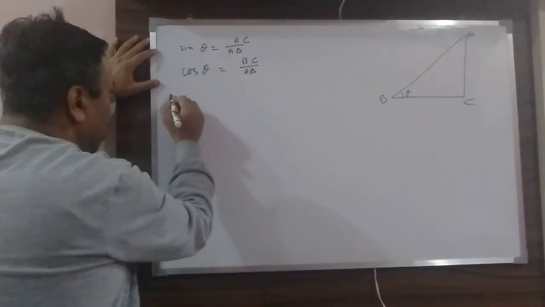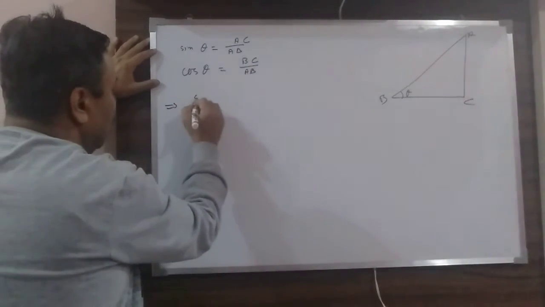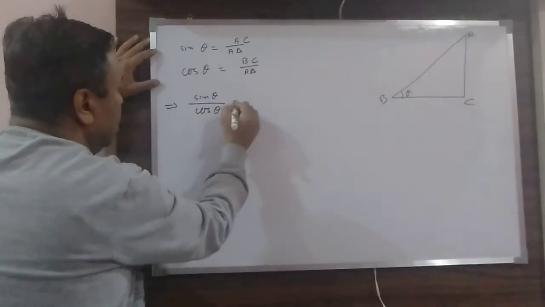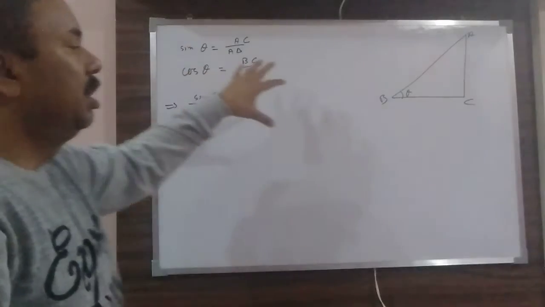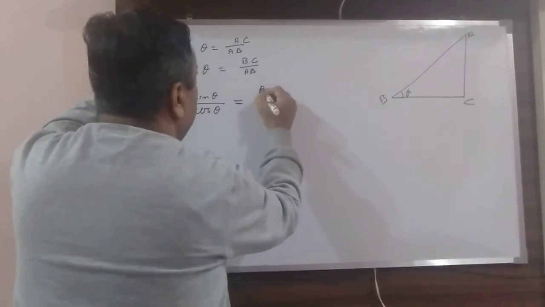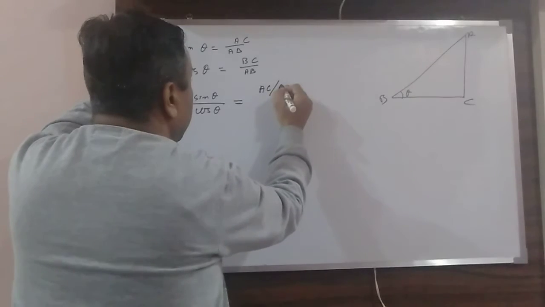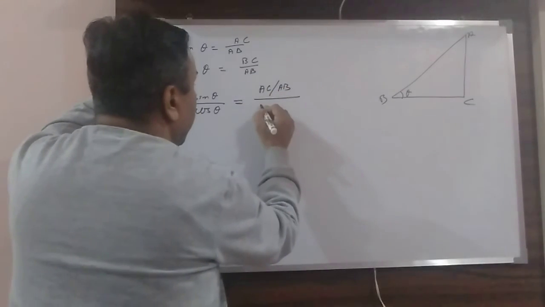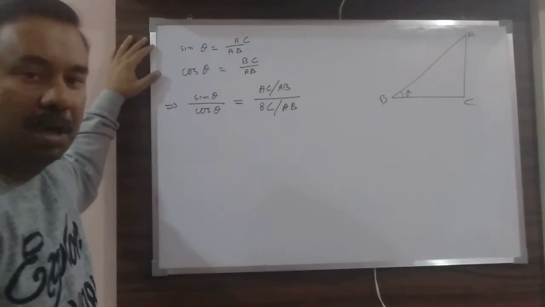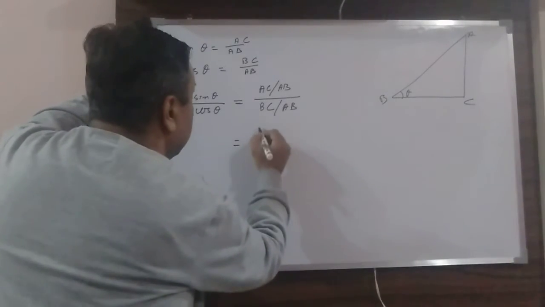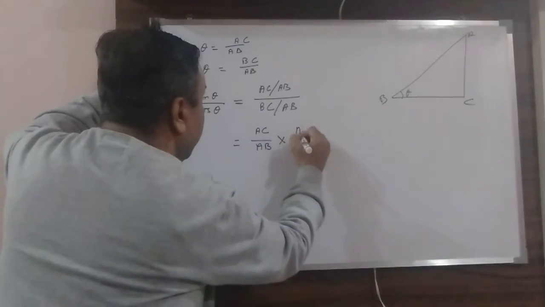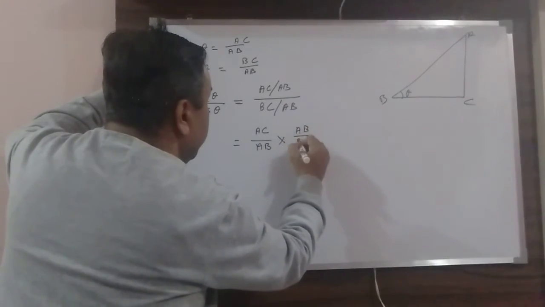Now, if I find sin theta divided by cos theta, it is equal to AC over AB divided by BC over AB. Or I can write it as AC over AB multiplied by AB over BC.